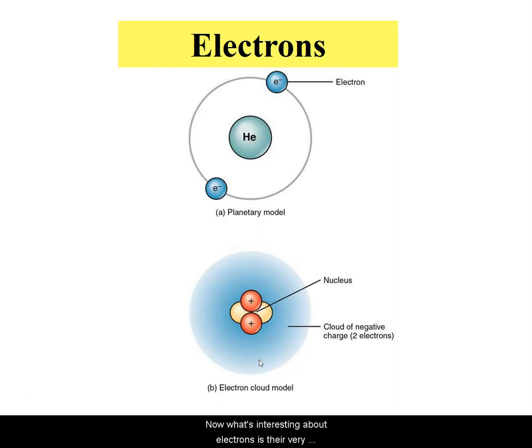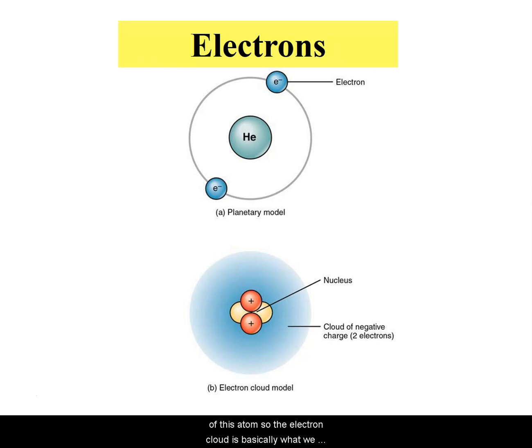Now what's interesting about electrons is they're very minuscule. They're very, very small. So it's very difficult to see an electron because when we use enough magnification, we can see the cloud that electron makes in its orbit around the nucleus of this atom.